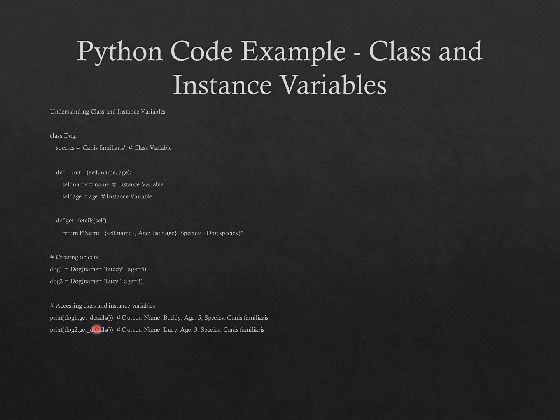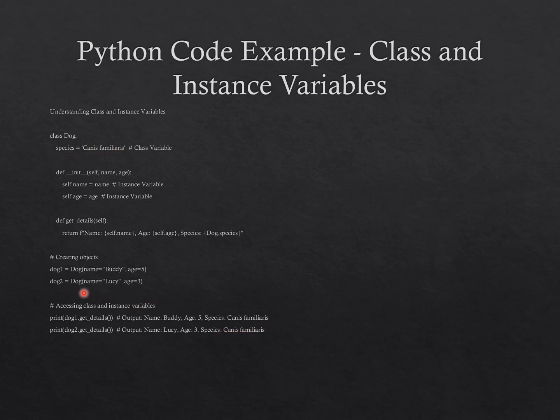When you call this method get detail, it accesses these instance variables as well as the class variables. Here you can see the class variables remain the same as what we have initialized.